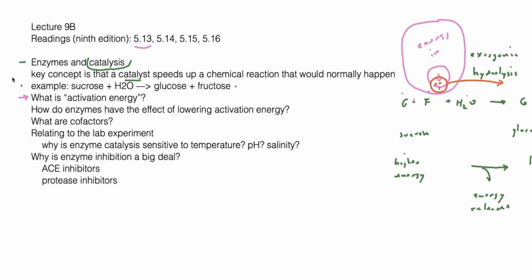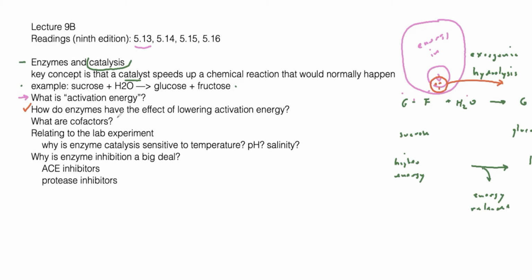continue on here. Okay, we've covered pretty much everything in the top half, right down here to the point where it says, how do enzymes have the effect of lowering activation energy? Now we're going to be looking at some of the other things that are there.